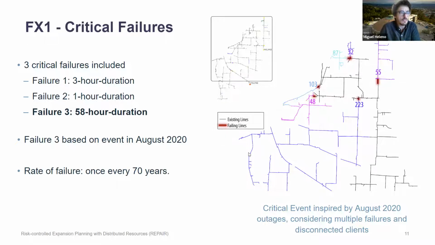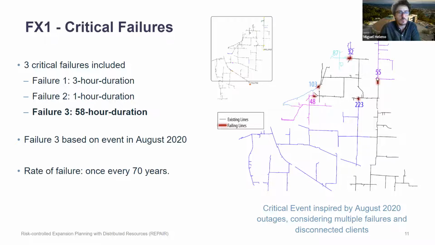And then we have a third failure. We replicated an event inspired by the actual event of August 2020, which had an average of 58-hour duration. Some of these circuits more and some less, but this is basically what happened. This is the number of customers that were disconnected.